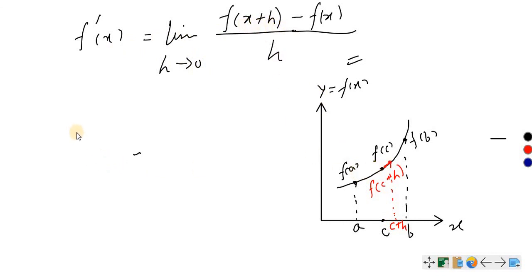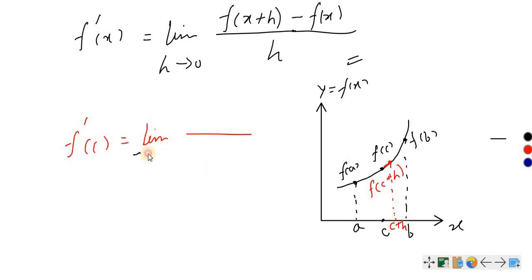So if I write the derivative of the function at the point c, it is equal to limit. Since h is a very small increment in x, and it will become smaller as x approaches the point c from the right hand side, h will approach 0.